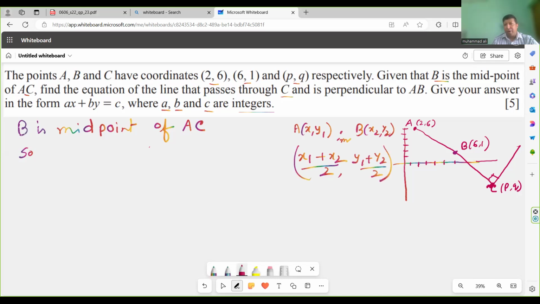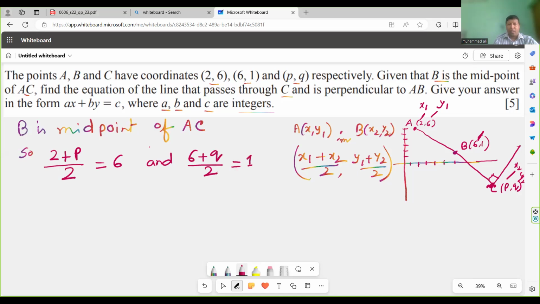Here (x1, y1) is (2, 6), and P is x2, Q is y2. So we can write (2 + p) divided by 2 equals 6, because this x value is 6, and (6 + q) divided by 2 equals 1.